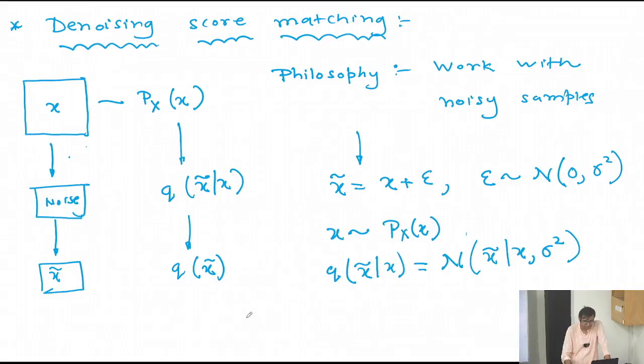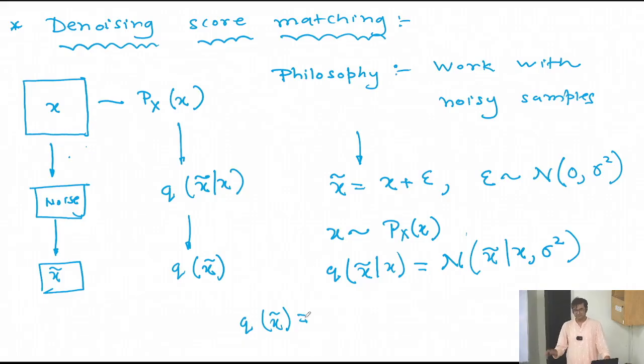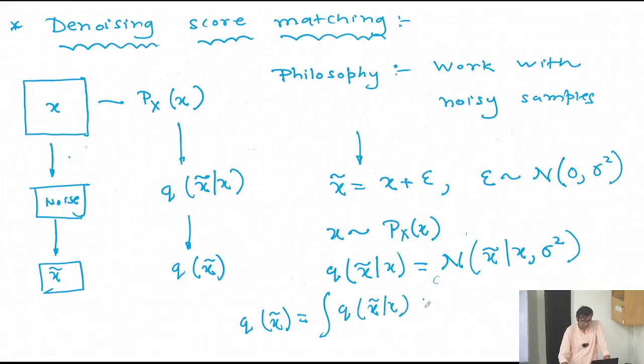X tilde given X has X as the mean and sigma square as the variance. And what will be Q of X tilde? You should be able to tell. How will you find it out? Exactly. Find the joint probability, marginalize. This is equal to the integral of Q of X tilde given X times P of X dX.